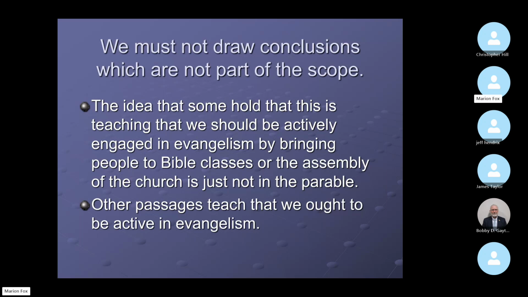And it's talking about a Christian, a fellow believer who's been put in prison. We see that he's fed and clothed and taken care of. That's in the context of the passages about visiting those in prison. And it's not talking about evangelism.